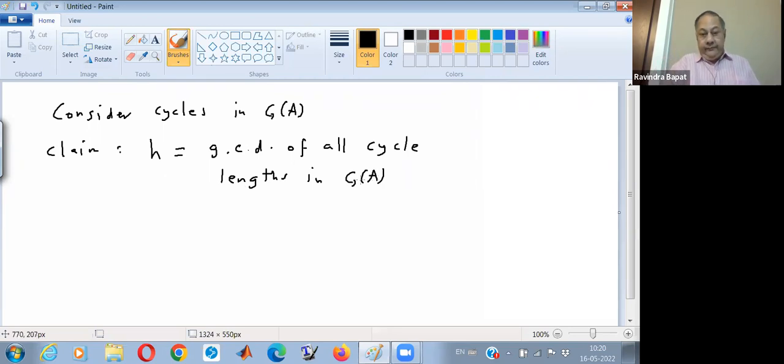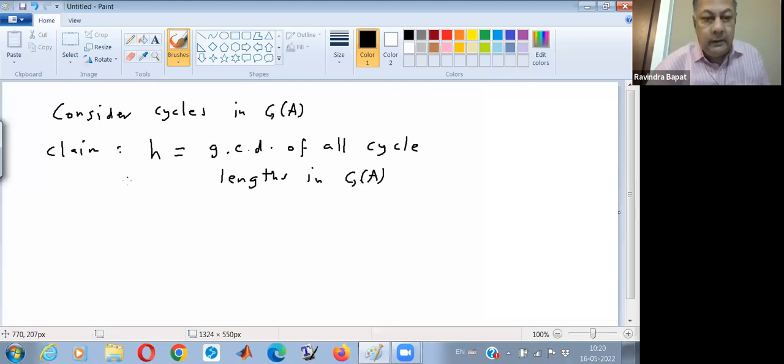Very subtle definition and very deep property. It requires, definitely the proof is non-trivial. So you look at all the cycles in GA, length means the number of edges. So there may not be any loops. Suppose there are no loops. So this also says that if there's a single loop, this is stating one very important thing, but first let me illustrate this.